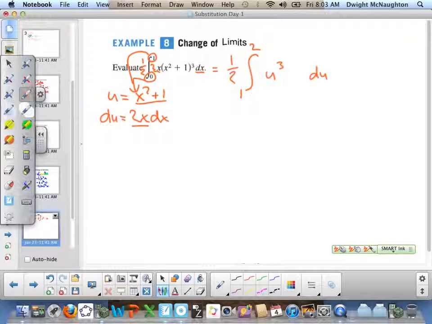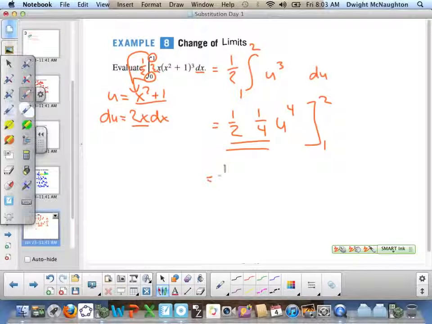So what I need to do when I have limits is convert them from x to u. And as I do that, now I can integrate. u cubed becomes u to the 4th over 4 from 1 to 2. I can just pull the constants out.